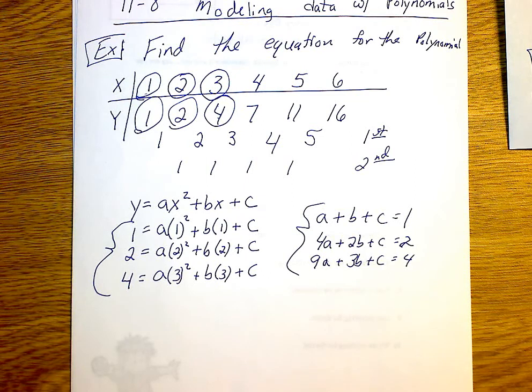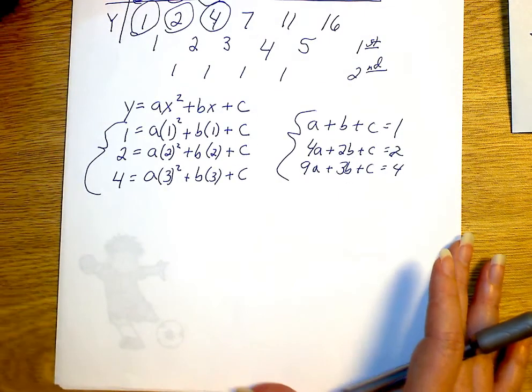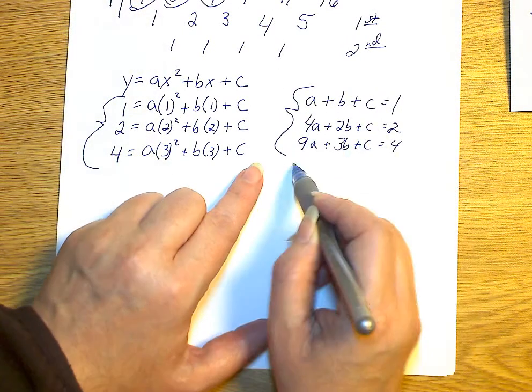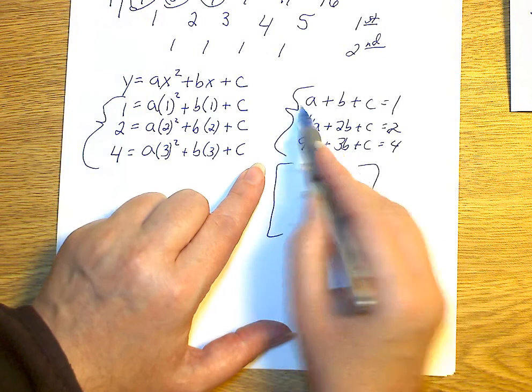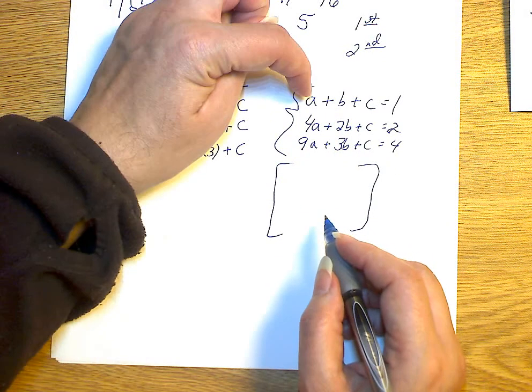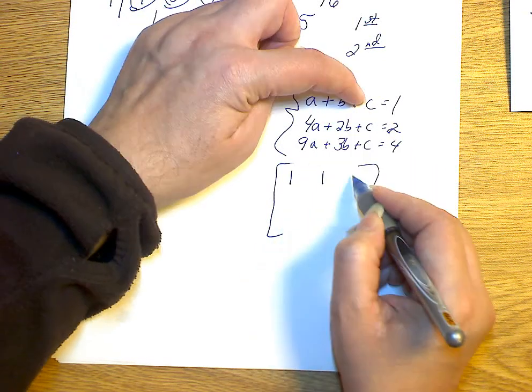If you have a graphing calculator, you will like solving this system. If you don't have a graphing calculator, you probably won't like solving this system, but I'm going to do both ways. So if you have a graphing calculator, you get to put them in matrices. Does anybody remember what you have to put in your matrix? Remember, you put your coefficients, so you're putting in 1, 1, 1.